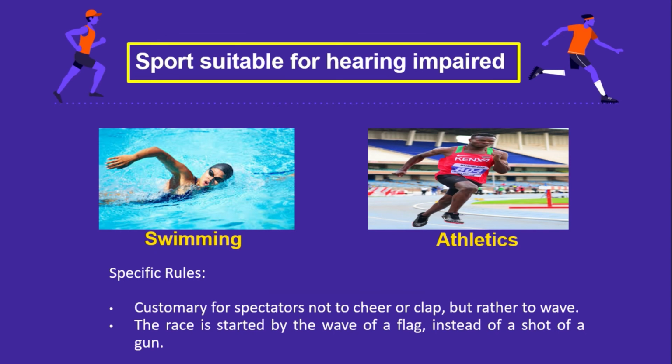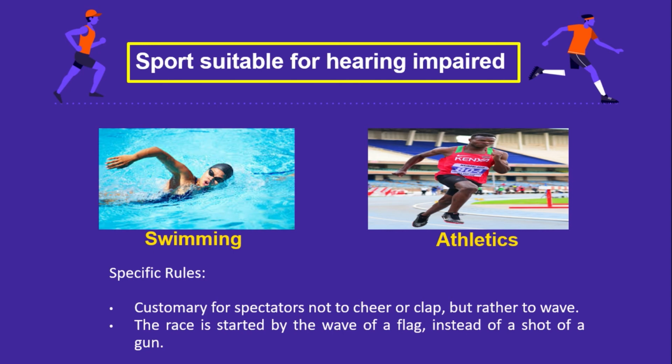Now, let's move on to the sport suitable for hearing impaired people. A hearing impaired athlete or person is able to compete just like an able person without significant restriction, with the only exception being communication barriers. In team sport and some individual events, hearing loss can be limiting.